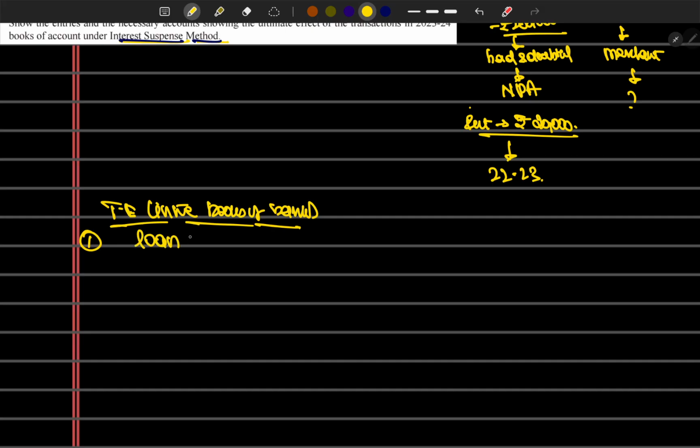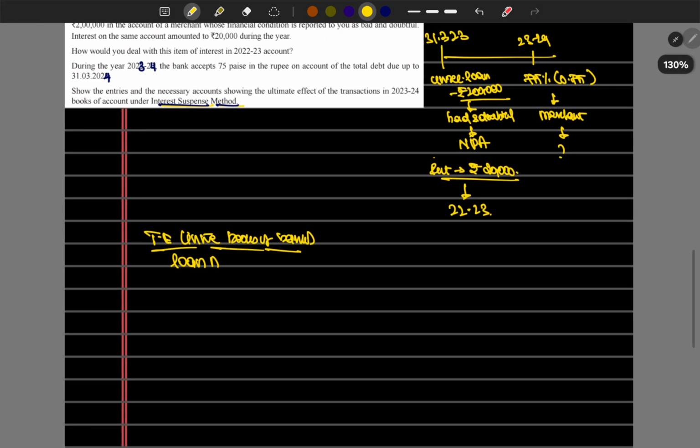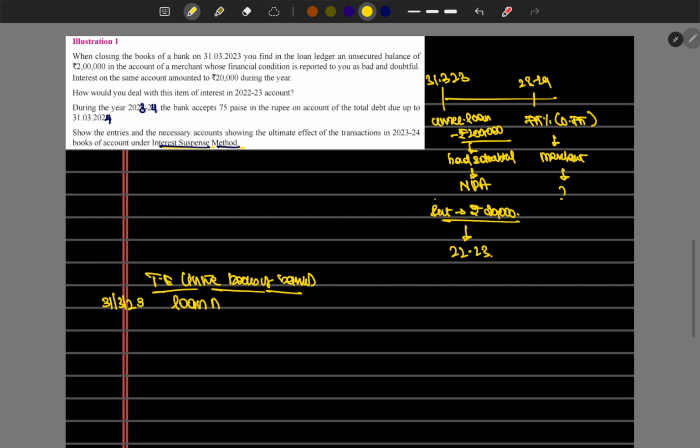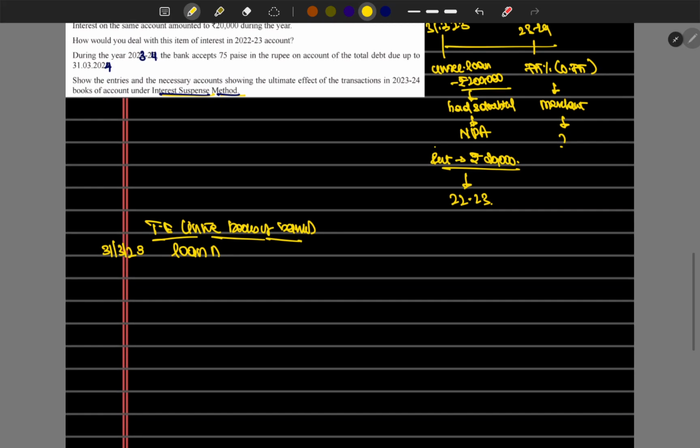Okay, let's start. First, loan account, date is 31/3/23, right? Loan account debit to interest suspense, which is 20,000 and 20,000, right?